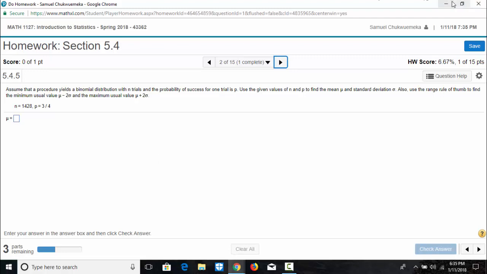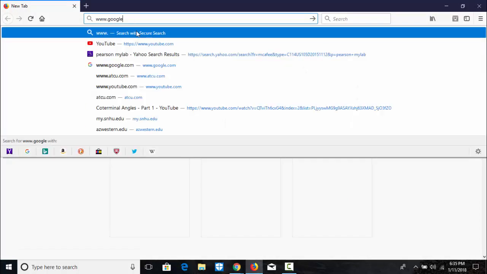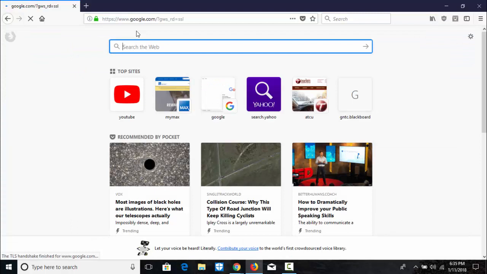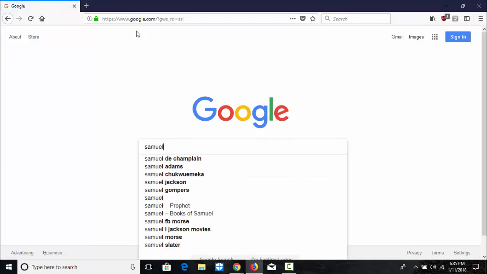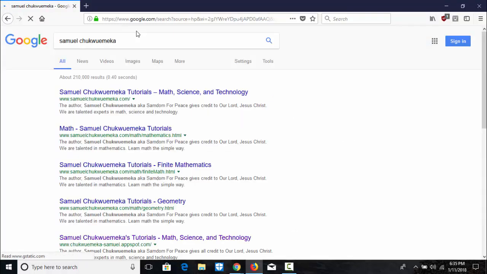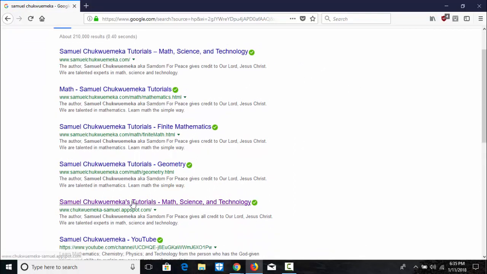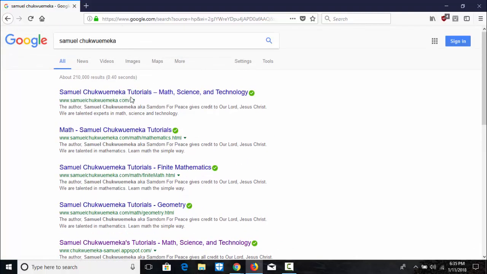Okay, let's get my calculator. So I'm going to go to Google. I'm pleased to let you know that my two calculators are now mobile friendly. Remember, I used to use this one, but this one is now mobile friendly. www.samuelchukwuemeka.com.